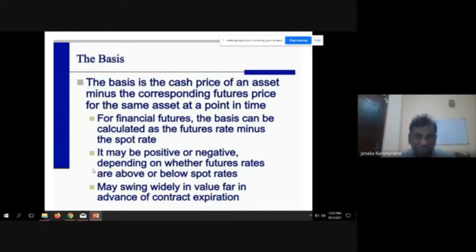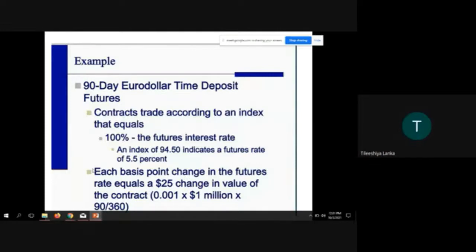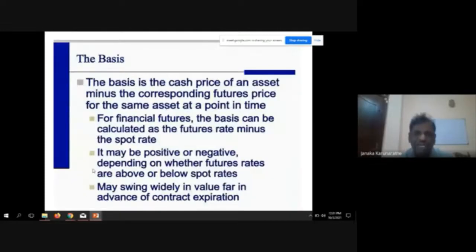Similarly, in the futures market, euro dollar time deposit futures are also traded, 3 months. That is the rate at which you can buy euro dollar financial futures. The cash market and the futures market, right?